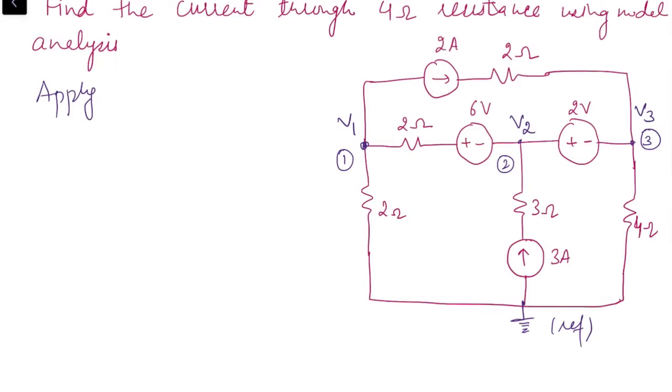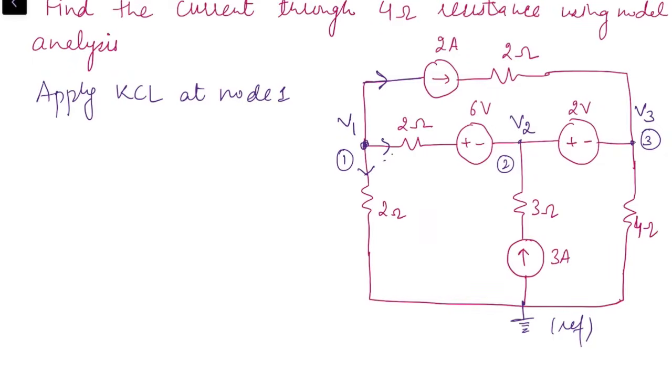Let's start with applying KCL at node 1. So current through this branch is 2 ampere since we have a 2 ampere source connected in this branch and current is flowing away from the node 1. We don't know the direction of current through this 2 ohm resistance. I am assuming this one as outgoing and current through this 2 ohm resistance as well outgoing.